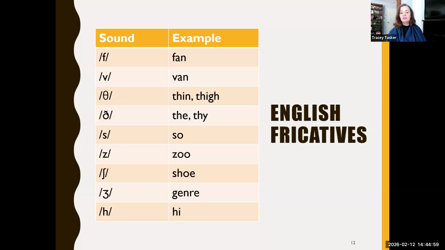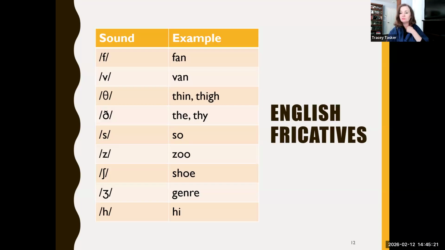Okay, so this is an example of all the fricatives that we're studying. So again, th, as in thin, and then an example that I like to use to remember the two th sounds is bath and bathe.